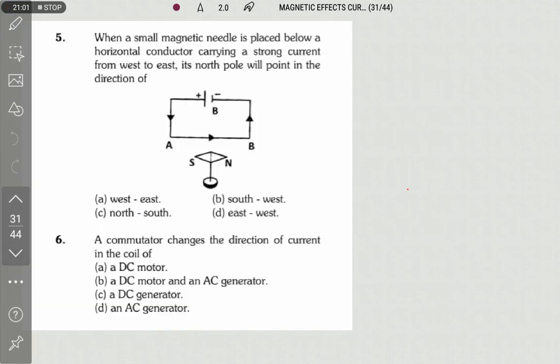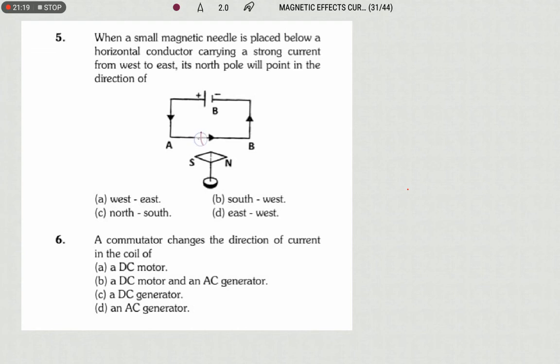Let us see the next one. When a small magnetic needle is placed below a horizontal conductor carrying a strong current from west to east, its north pole will point in the direction of? So what is the direction of the magnetic field? The direction of the magnetic field around a current carrying conductor is in concentric circles.